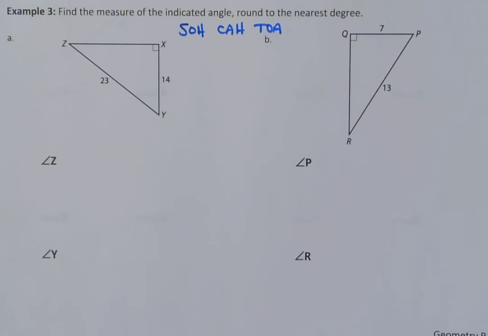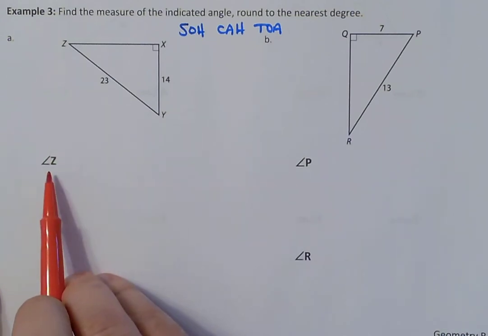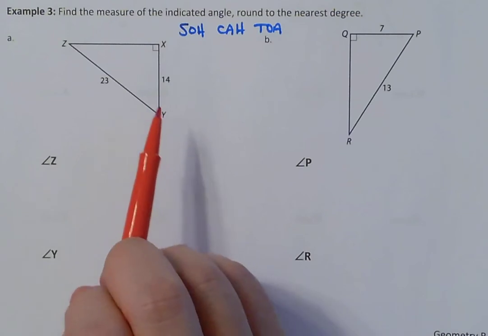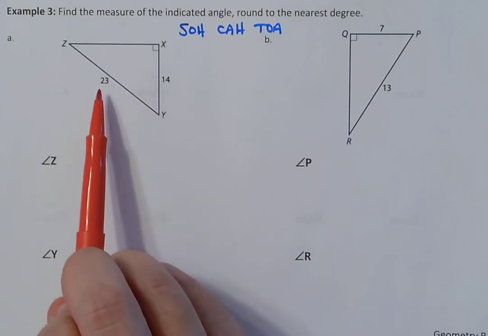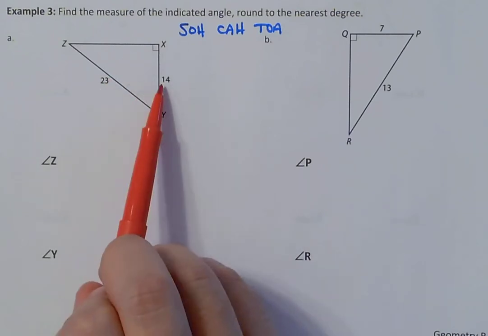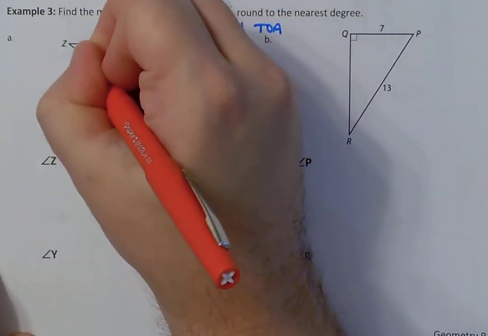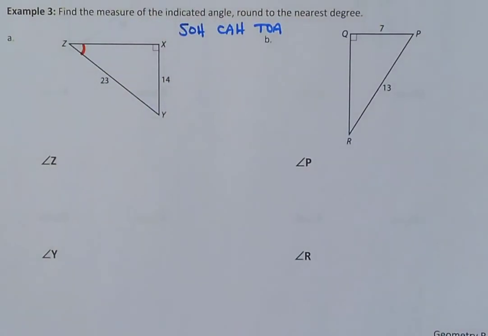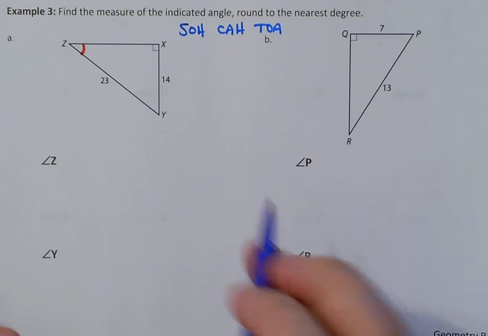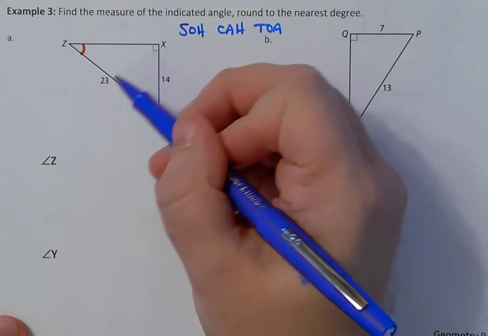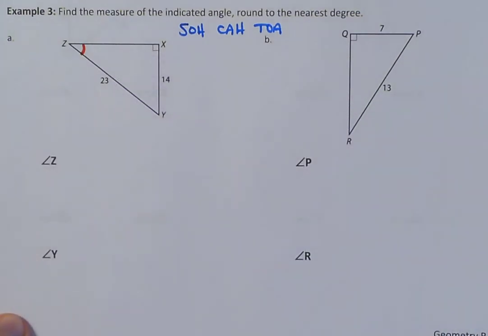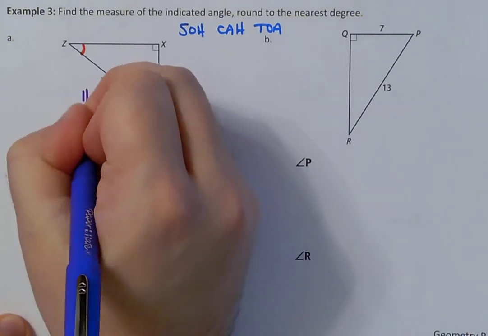So if we look at example 3, part A, the first one they want us to find is the measure of angle Z. They give us the right triangle XYZ. They tell us two side lengths, 23 and 14. If we look at angle Z as our reference angle, first of all, the side opposite our right angle is 23, so that is going to be our hypotenuse.